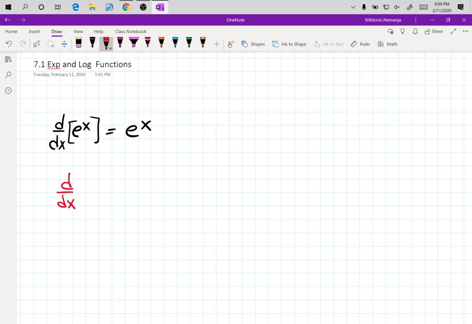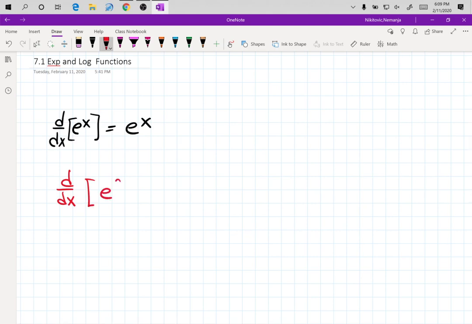The derivative with respect to x of e to the f of x. So now it's not just the linear function y equals x in the exponent. It's any function you can think of. Sine x, right? Or x squared minus 7, any function. And the derivative was e to the f of x times f prime of x.